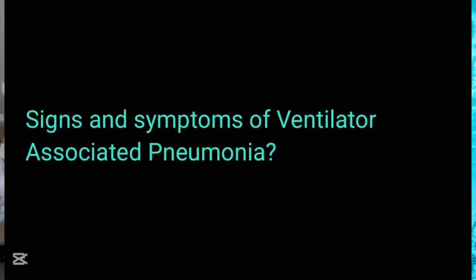The signs and symptoms of the ventilator-associated pneumonia include fever, chills, cough, shortness of breath, thick purulent mucus, chest pain, nausea, vomiting, loss of appetite. There can also be changes in the characteristics of the sputum.